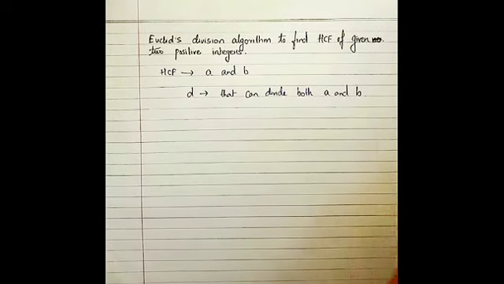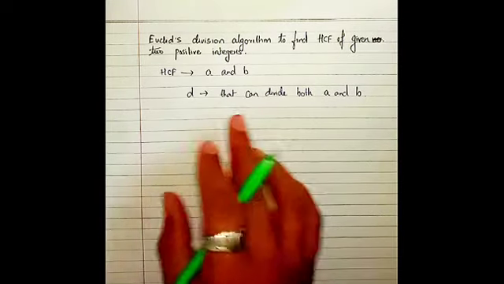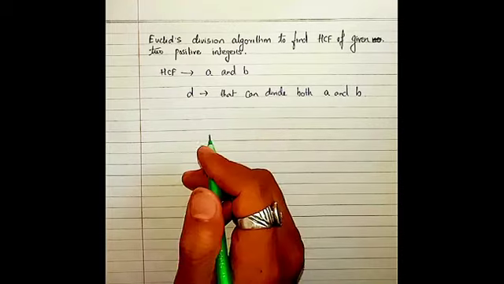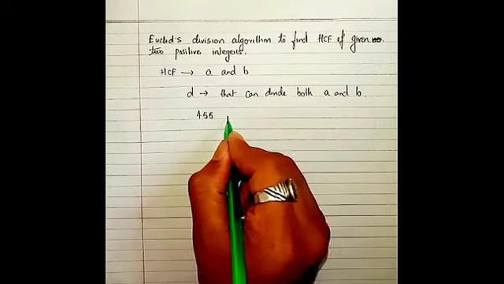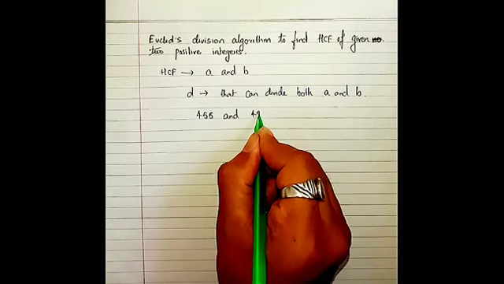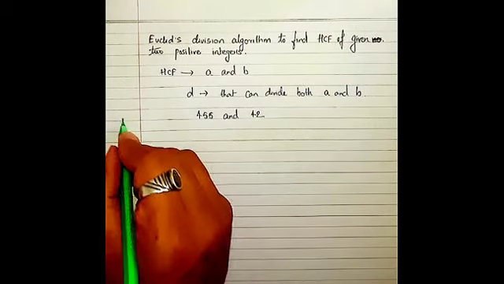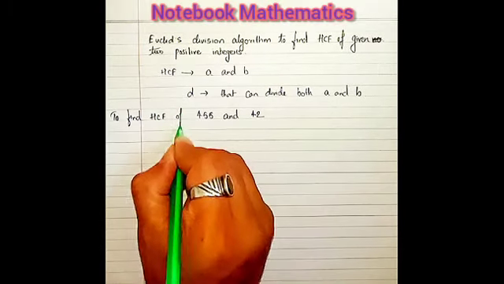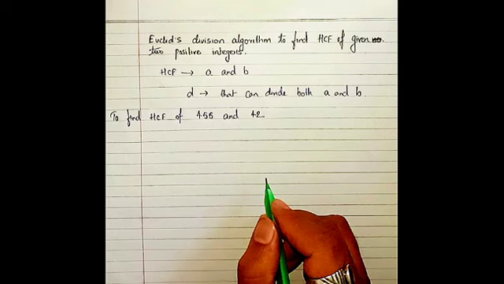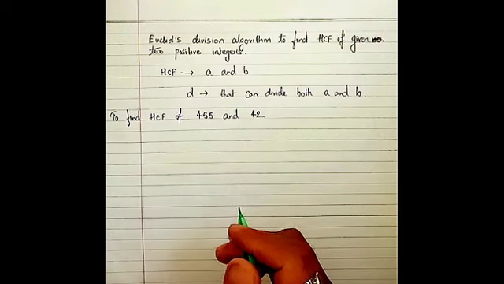Now let us see how the algorithm works through an example first. Suppose we need to find the HCF of the integers 455 and 42. So we start with the larger integer.